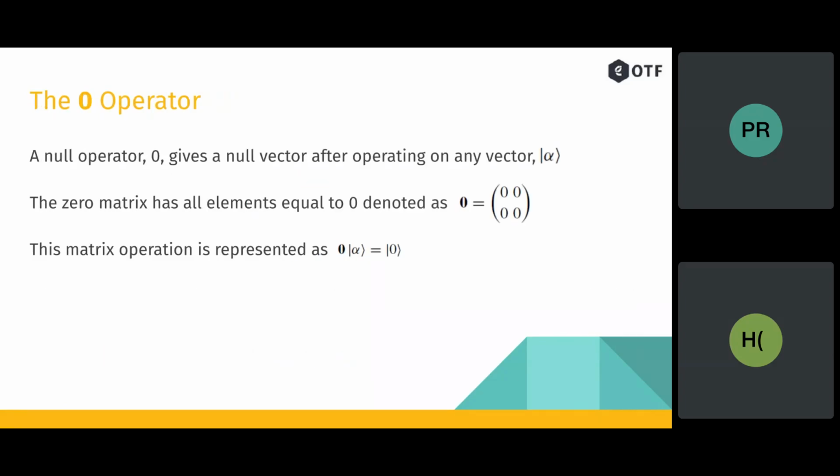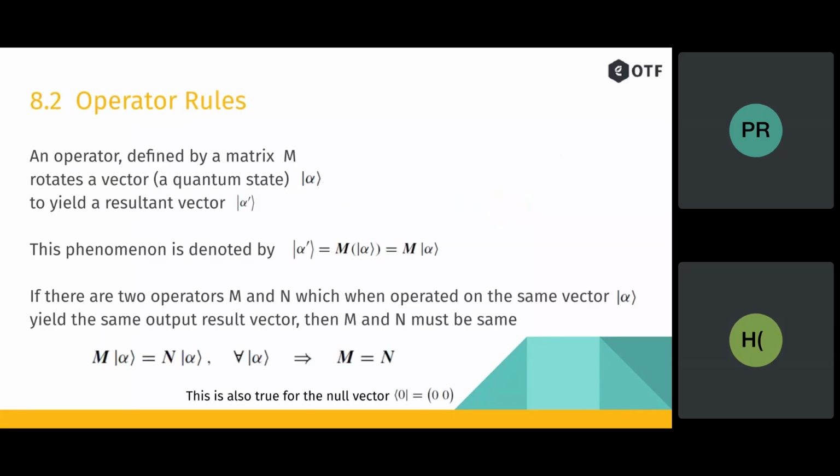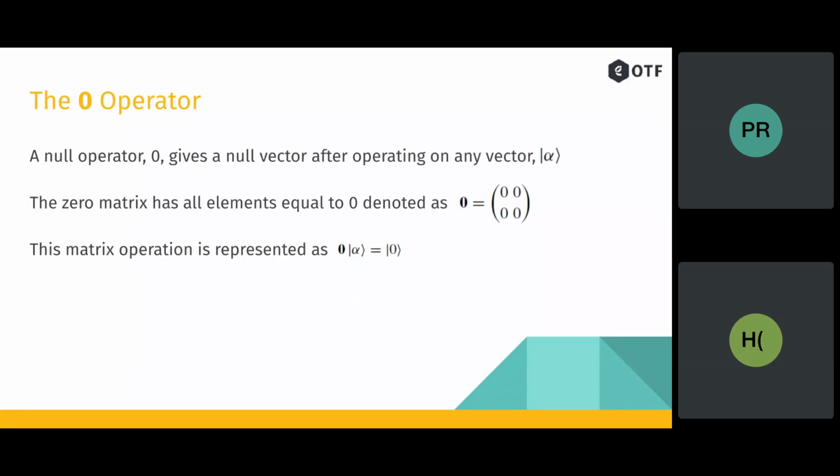Now, the zero operator. Obviously, we saw null is defined as 0. Here a 2 by 2 matrix of zeros is considered null. You can have n by n. Anything multiplied by 0 is 0. So the null operator multiplied by ket alpha is ket 0.